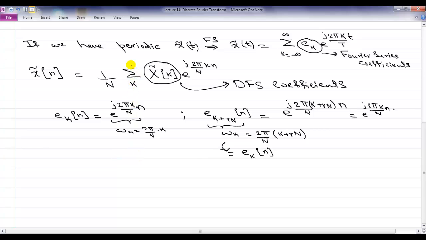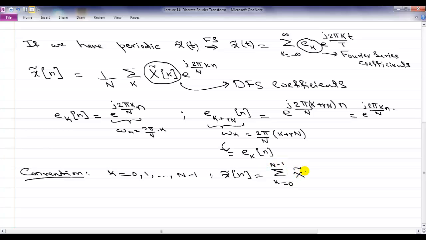So this is not uniquely defined in terms of indices of k. The convention we follow is that k, we take it to be 0, 1, up to n minus 1. Okay, so I can define my x tilde of n in that case to be summation k equal to 0 to n minus 1 x tilde of k e to the j 2 pi k over n times n. Okay?